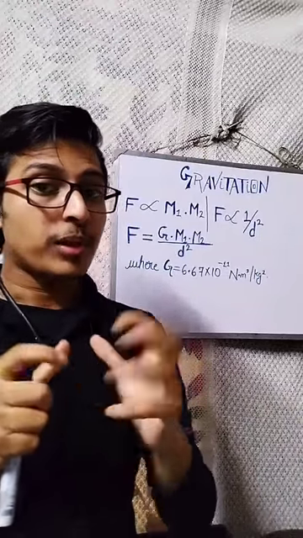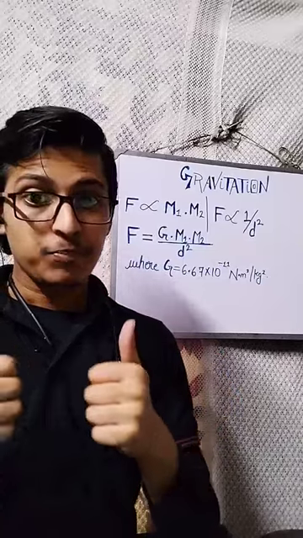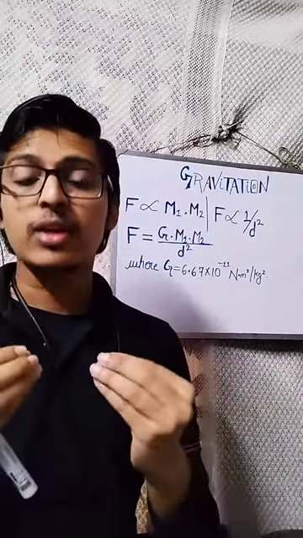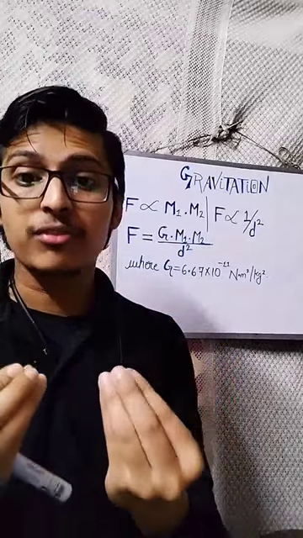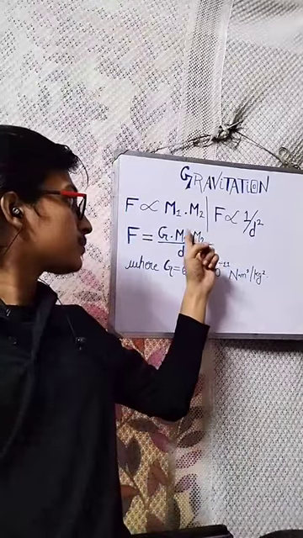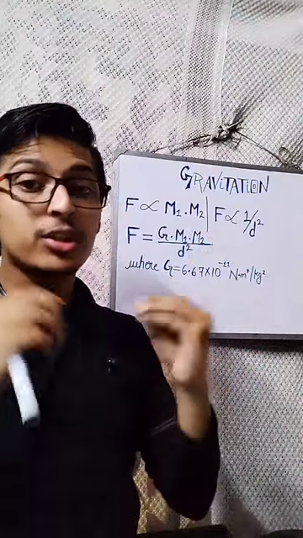All right, but where can we feel the effect of gravity? In large objects like planets, solar system, galaxies, sun, stars. There we can feel the effect of gravitational pull very effectively, because the masses of planets, stars and all the celestial objects are huge, right?